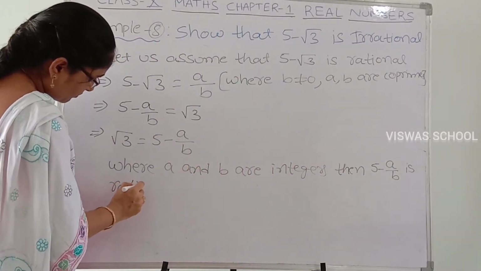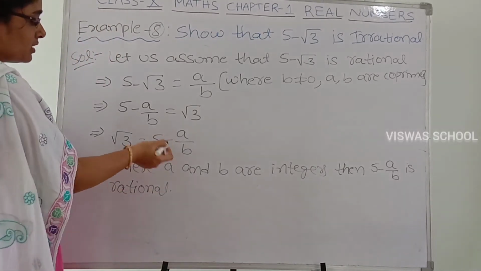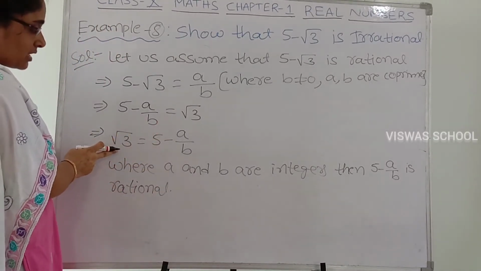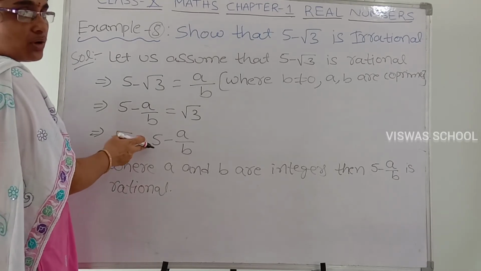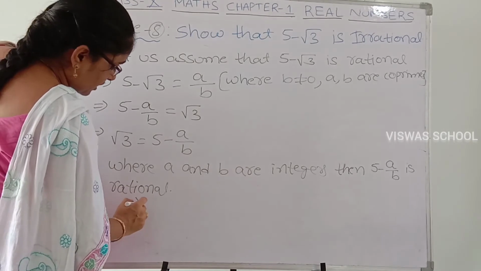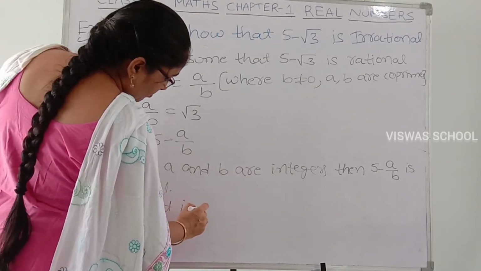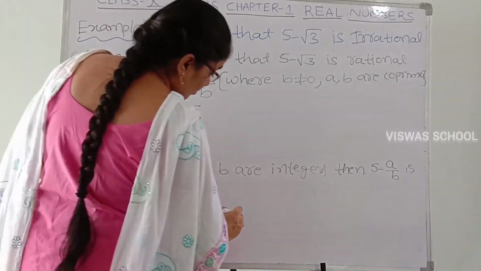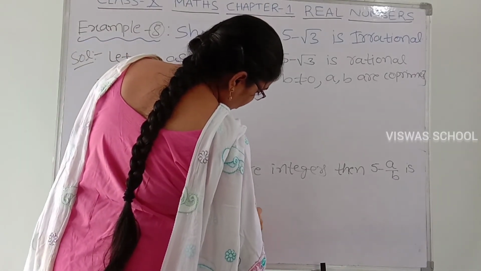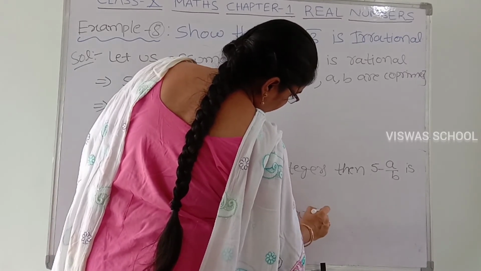If 5 minus A by B is rational, then what about root 3? Automatically root 3 is also a rational number. That is, root 3 is also rational.